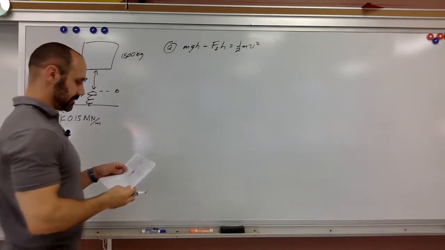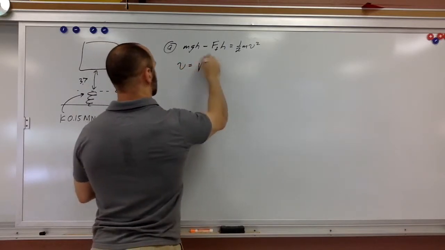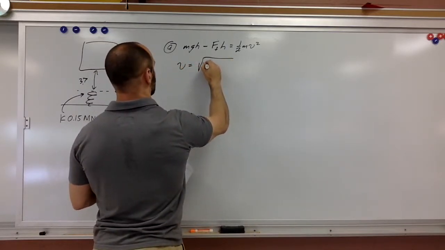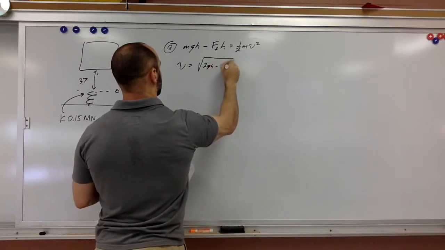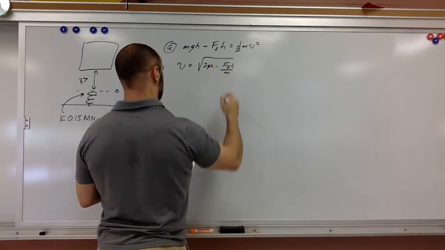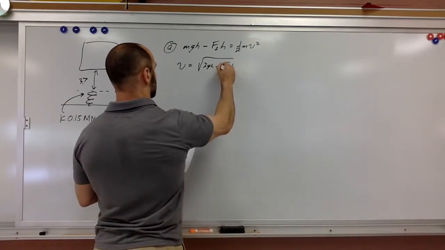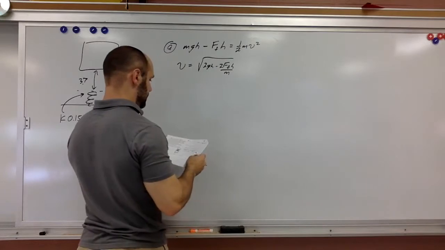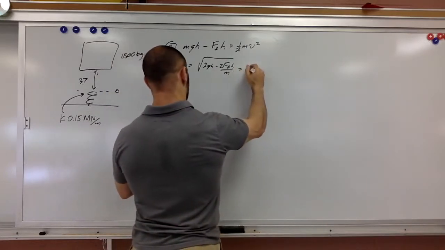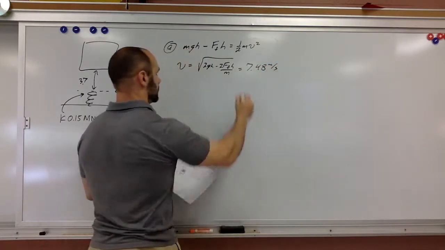So I plug in my numbers. So v is going to be the square root of 2 times gh minus the force of friction times the height over m. So this is equal to 7.48 meters per second.